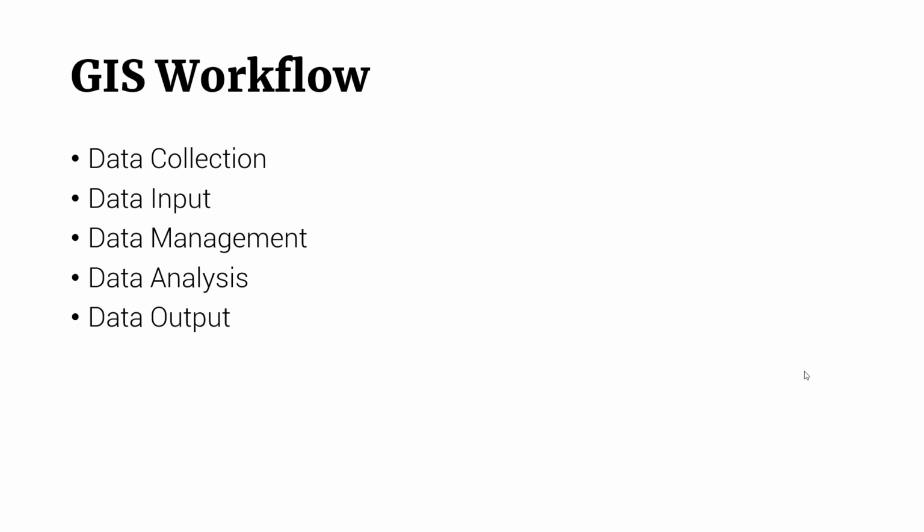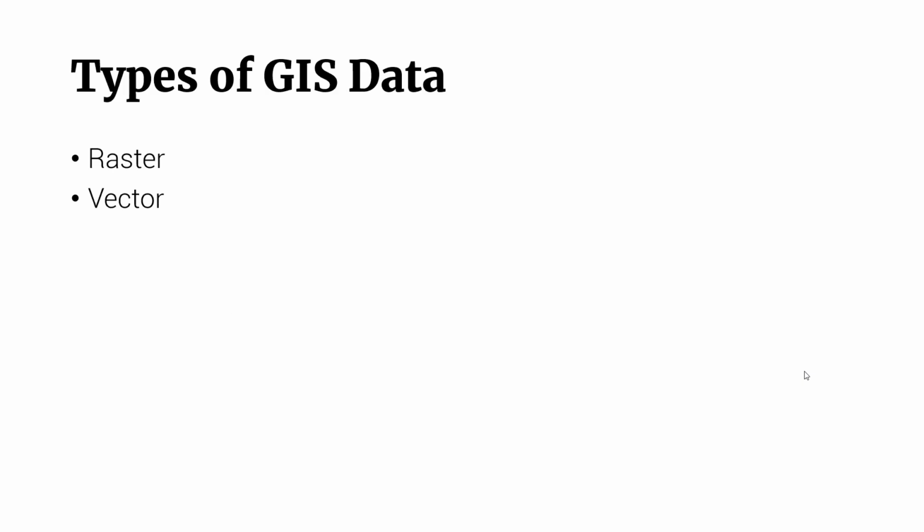All in all, this is the workflow of GIS: data collection, data input, data management, data analysis, and data output. So we have two types of GIS data: the raster and the vector. Raster, representing continuous data such as satellite images or elevation models.